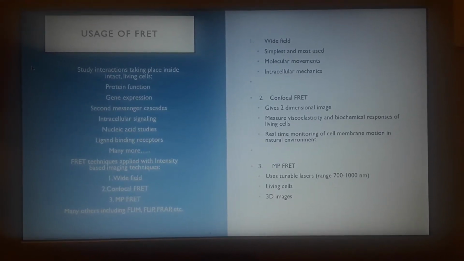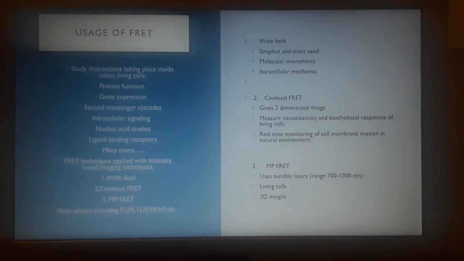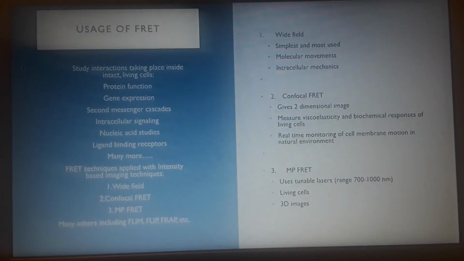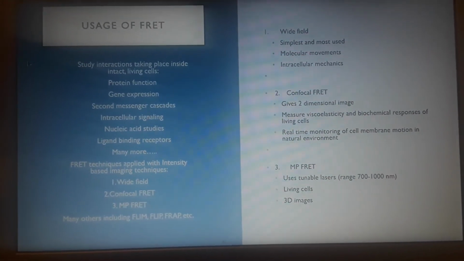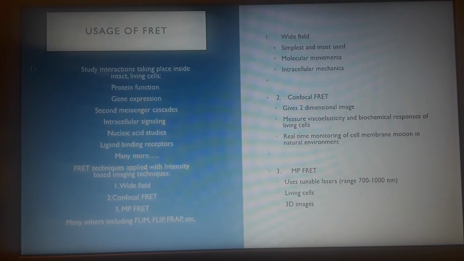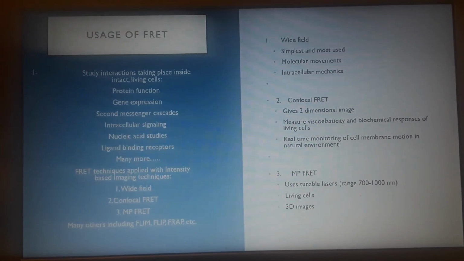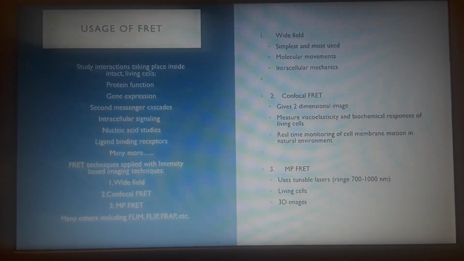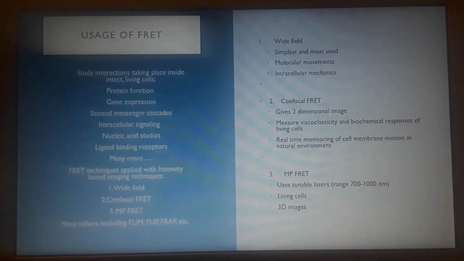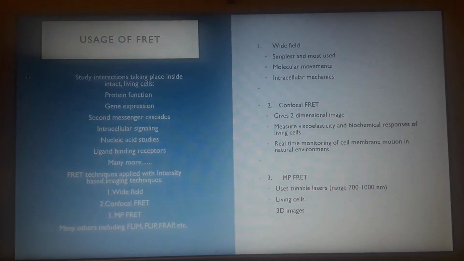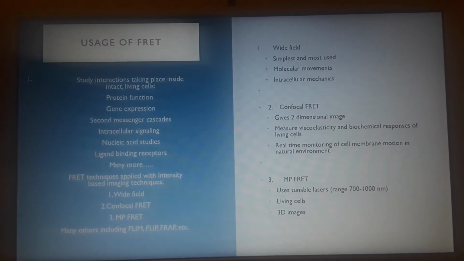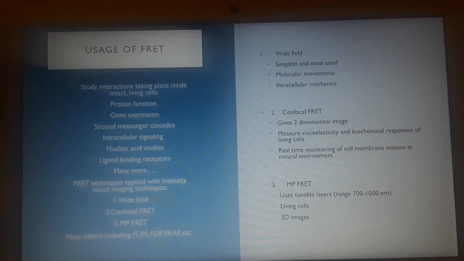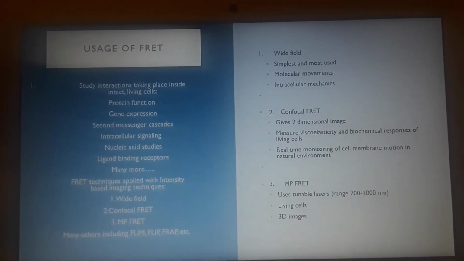This highly localized excitation automatically provides three-dimensional images without the need for passing emitted light through a pinhole aperture like confocal microscopy. It does all of this without damaging the specimen. Other techniques include FLIP, fluorescence loss in photobleaching, FRAP, and FLIM.